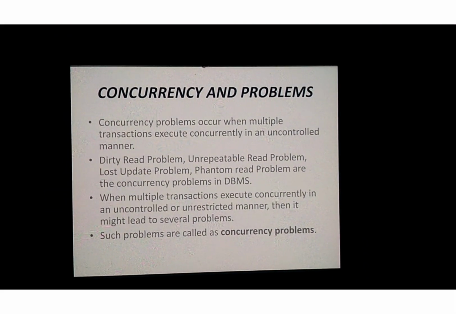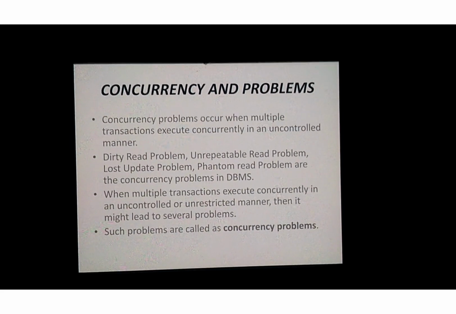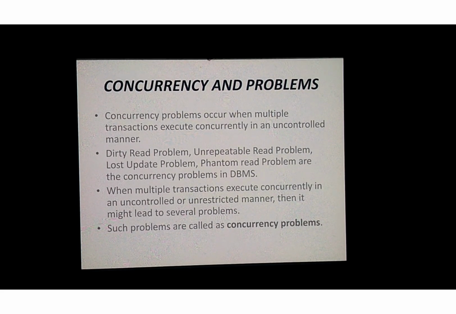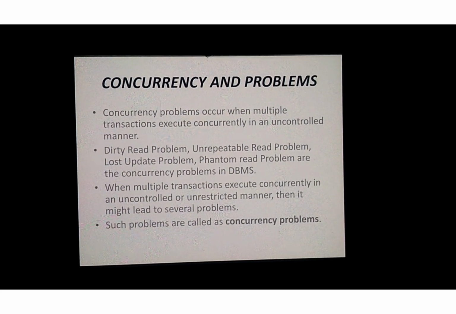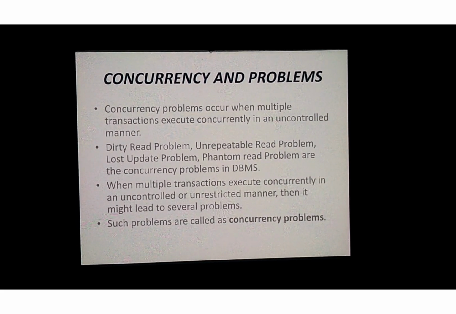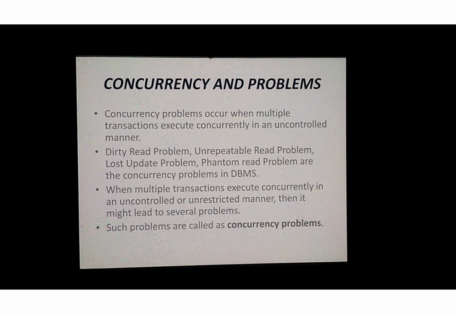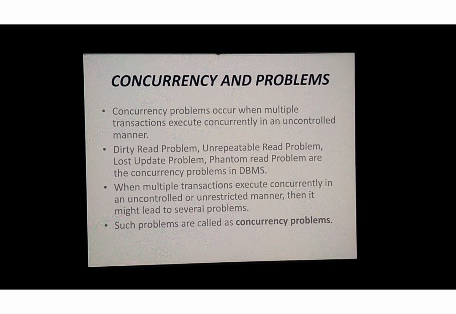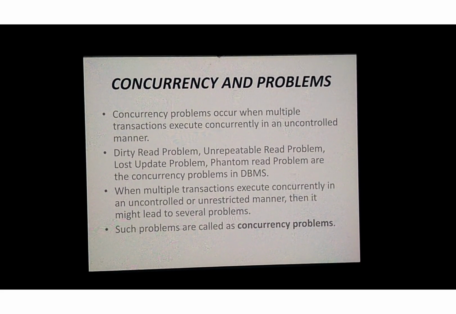Concurrency and problems in transactions. A concurrency problem occurs when multiple transactions execute concurrently in an uncontrolled manner. Dirty read problem, unrepeatable read problem, lost update problem and phantom read problem are the concurrency problems in database management system.